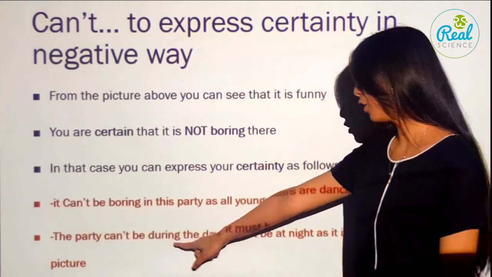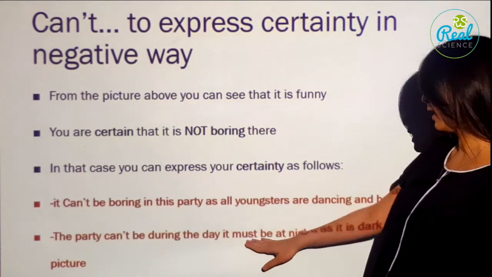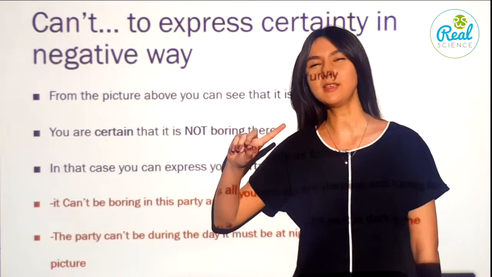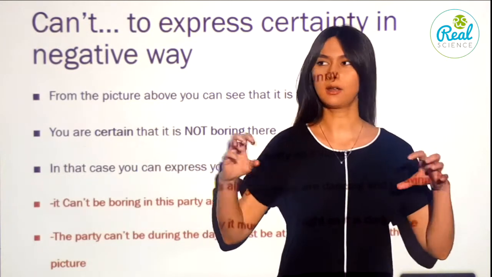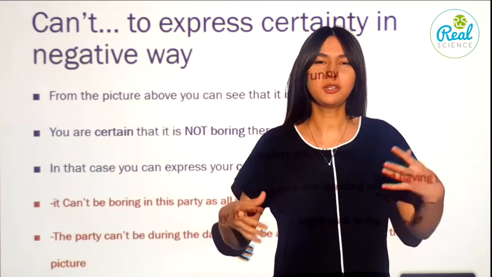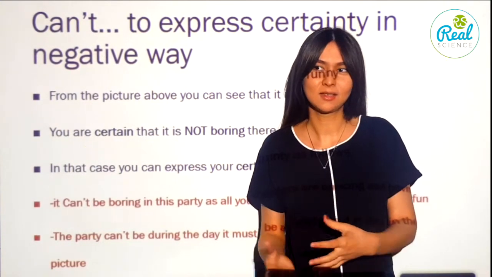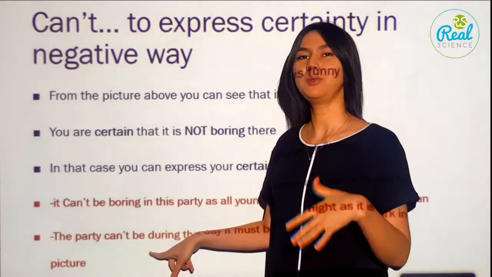Now look at the second one. So the party cannot be during the day, it must be at night as it is dark in the picture. So from the picture, guys, you can see that it is dark, yes? So in the building, it is dark, there are lights, yes? And the parties usually do not happen during the day. They happen during the night, yes? So you are 100% sure that it cannot be during the day.